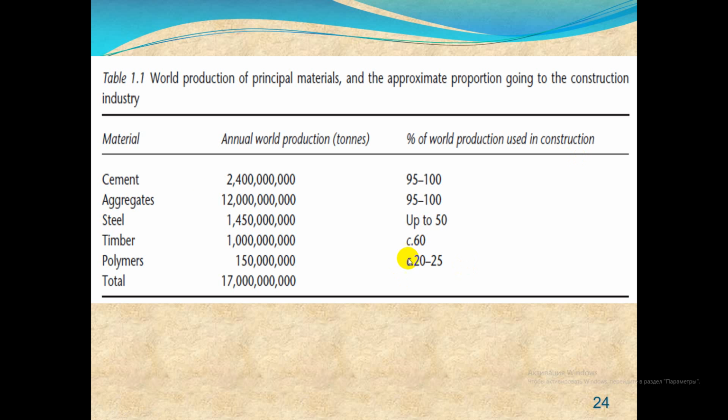The proportion of these materials going to construction doesn't include fired clay products, which are widely used in construction, because global figures for this material are difficult to obtain. Such materials are not used in significant amounts by the other industrial sectors.